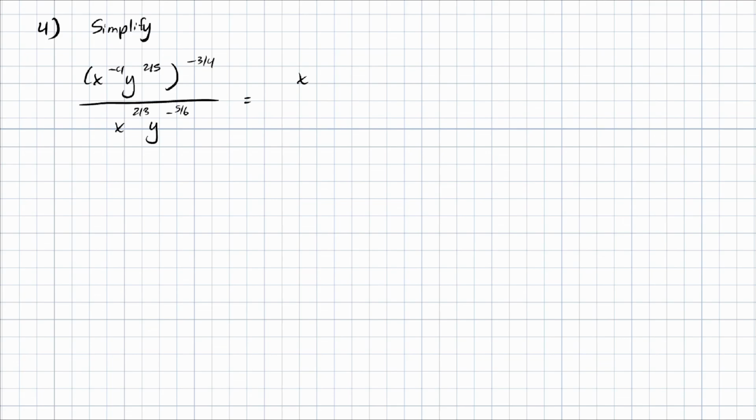Here, let me write out the actual fraction. It would be x to the -4 times -3/4, y to the 2/5 times -3/4, over x to the 2/3 and y to the -5/6.